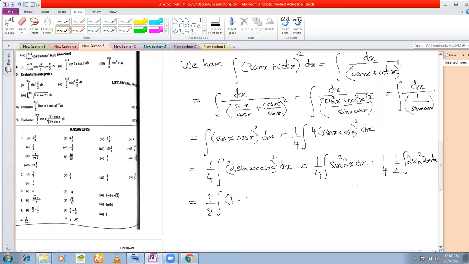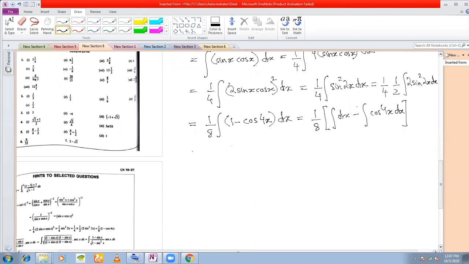So 1 minus cos, and what is the angle here? 2x. So this angle will become double, cos 4x dx. Now the power has become 1. Now we can evaluate very easily. 1/8 integral dx minus integral cos 4x dx.